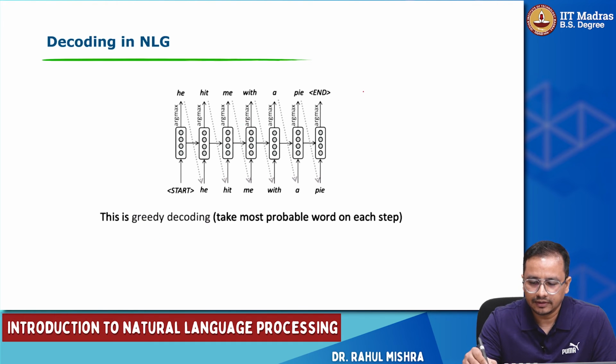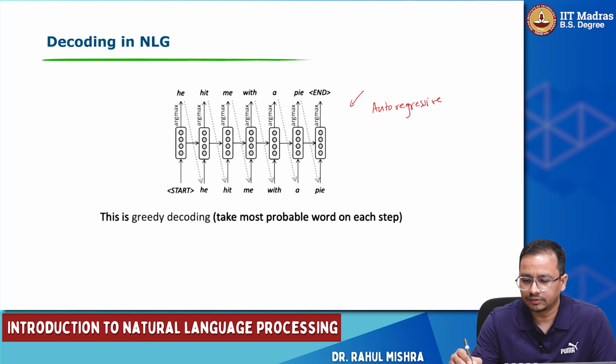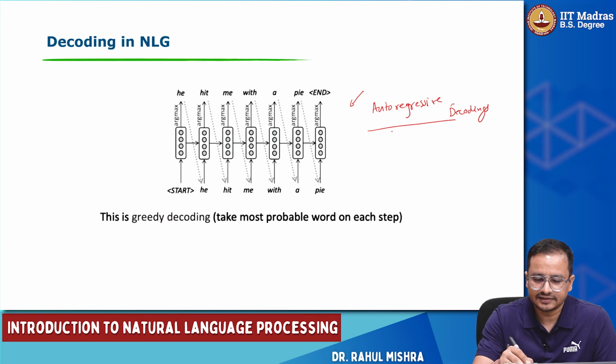So this is called greedy decoding. And one piece of information which is left is a term called auto regressive. Some of you might have heard of it. This auto regressive decoding is, very simply, just feeding back the already generated word every time.